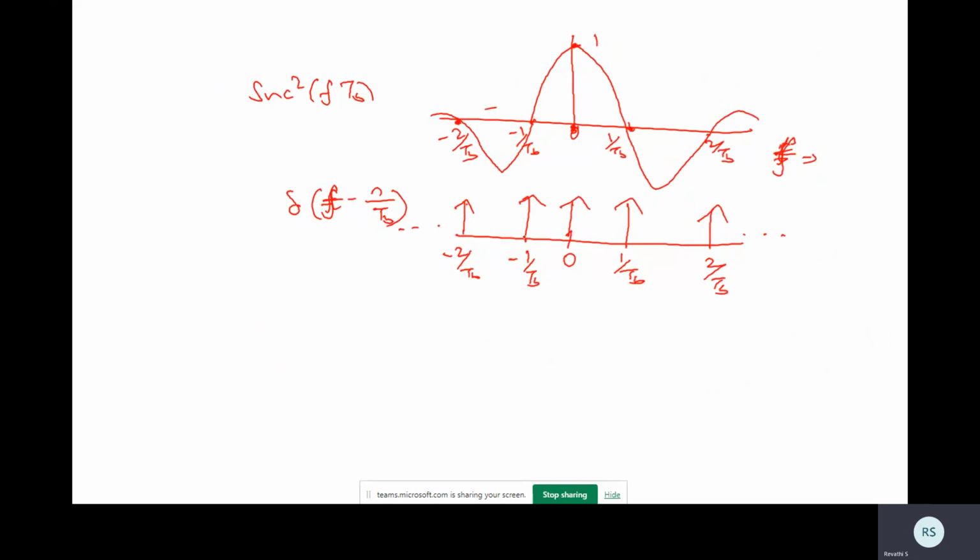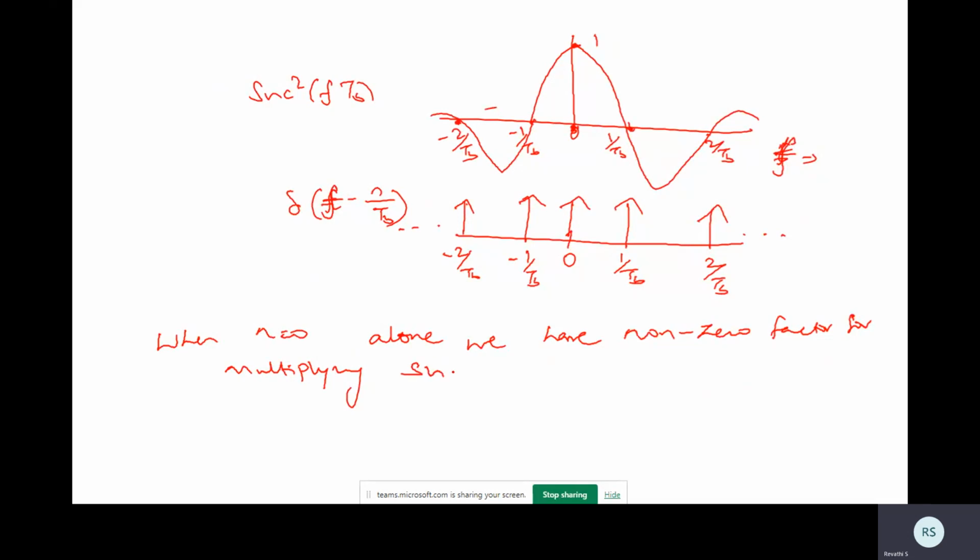When n equal to 0 alone, we have a non-zero factor for multiplying sinc and the periodic impulse.